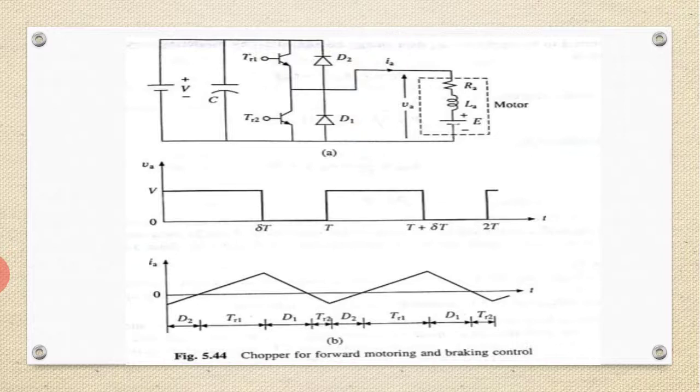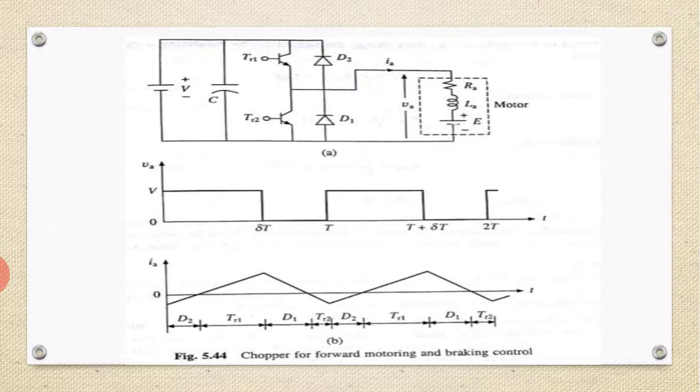Now you will see the waveform here. When TR1 is turned on, the supply voltage V is connected to the motor. I will explain how it is connected: from source V, through transistor TR1, it goes to the motor terminal and back from the other terminal to the negative, so that the supply is connected to the motor.